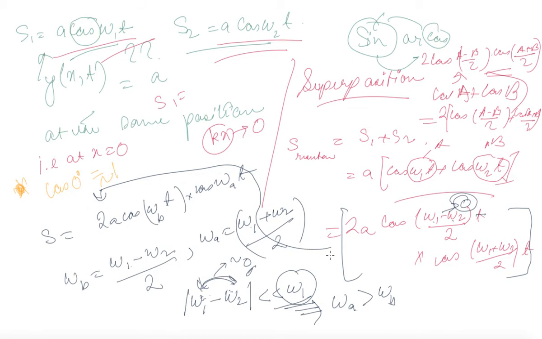So the overall frequency of the wave is given by omega a. However, the frequency may be the same, but the overall amplitude with respect to time is not the same. So this is what we get.